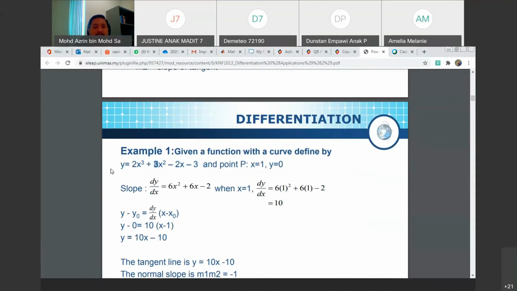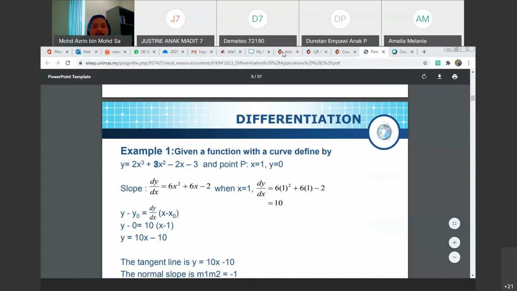From here, you can differentiate this equation y, and you will get 6x squared plus 6x minus 2. When you differentiate this equation, this is actually the slope, and you input x equal to 1 and y equal to 0.